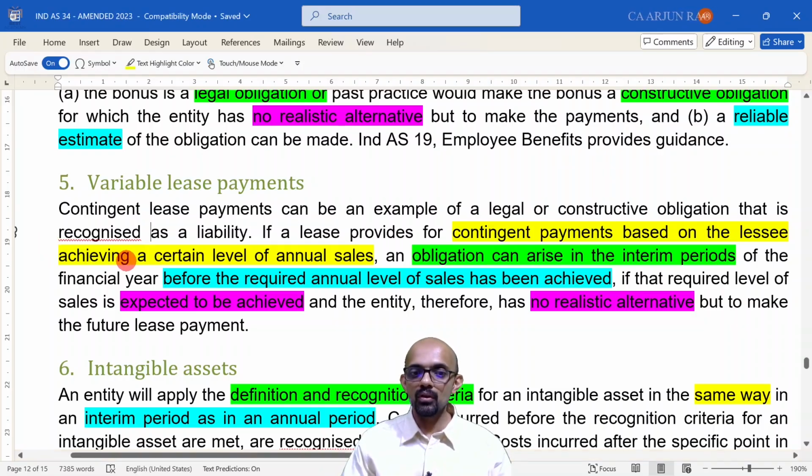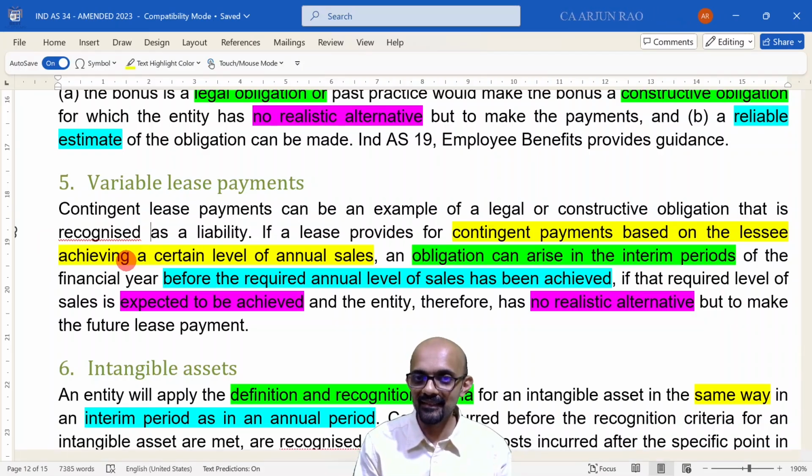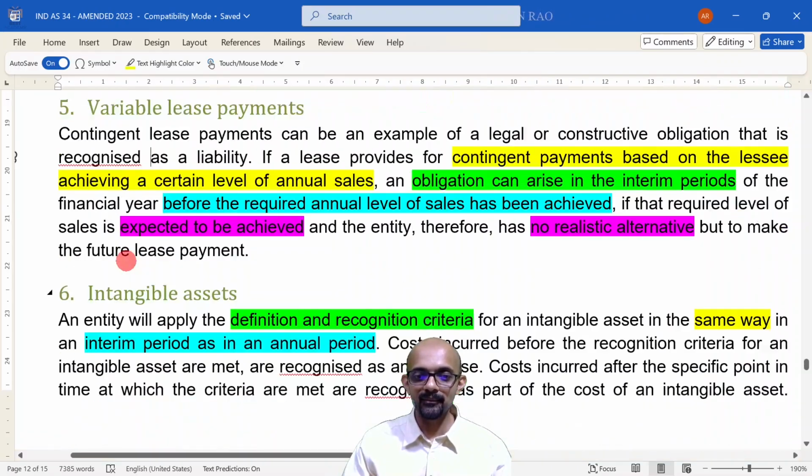Even though the obligation has not arisen in the interim period, because the target is not yet met, it will most likely be met, so you have to provide.